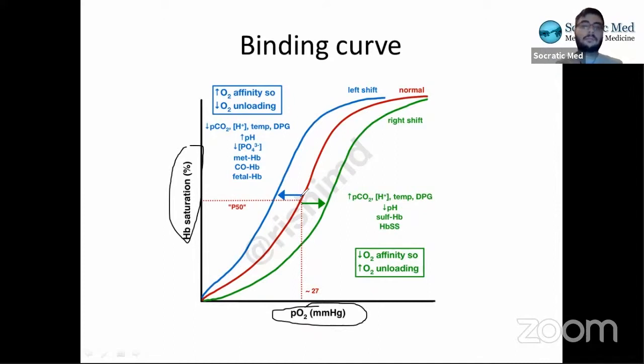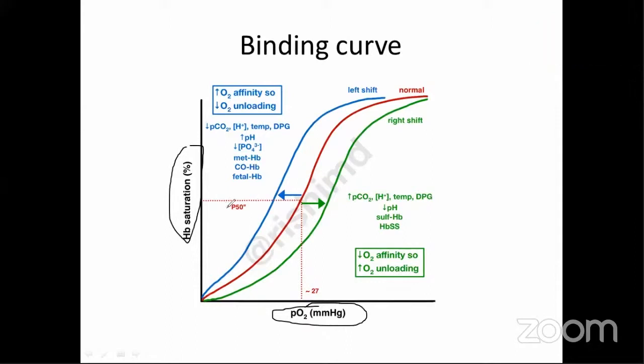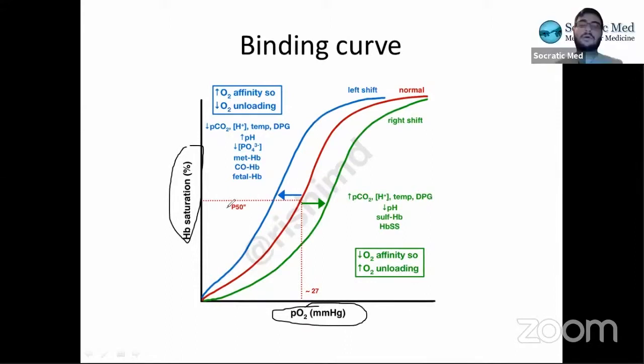An important thing I want to mention, and if you remember this from the Michaelis-Menten curve, it's very similar to the Km value. It's called a P50. A P50 means at what pressure, or what amount of oxygen, exactly 50% of the hemoglobin would be saturated or bound to oxygen.